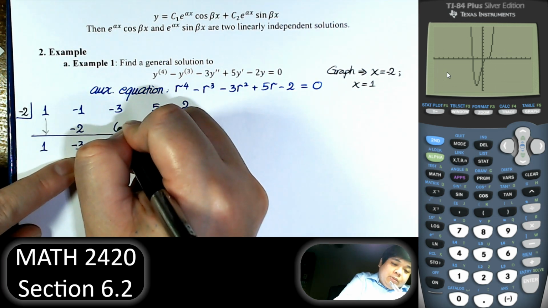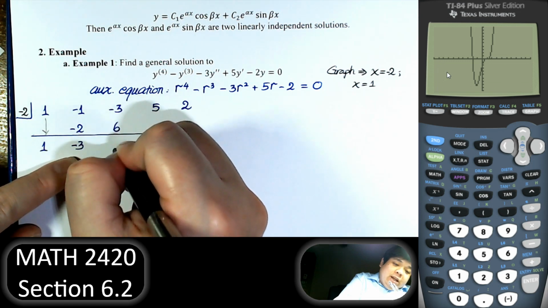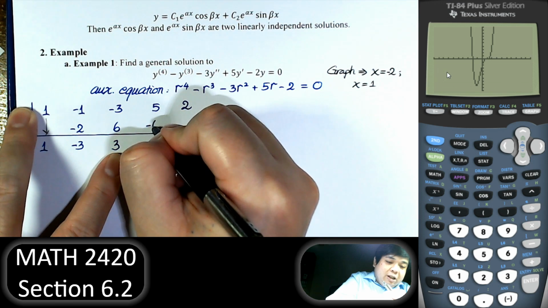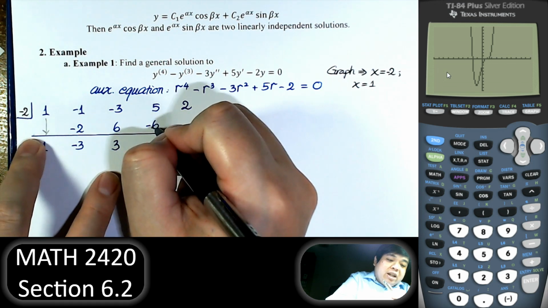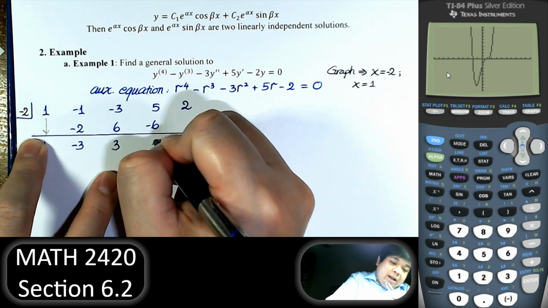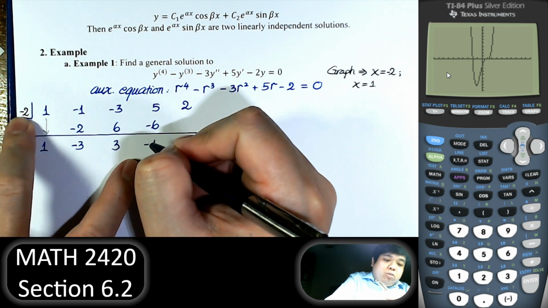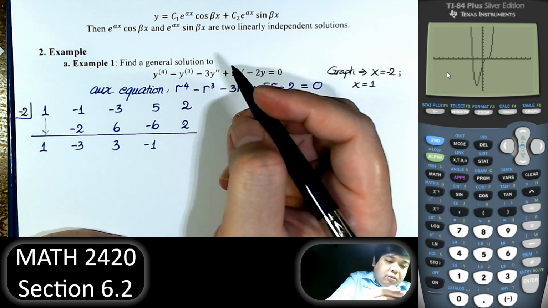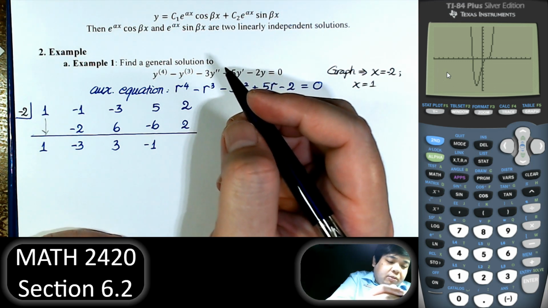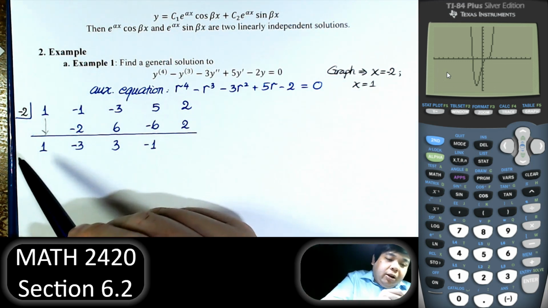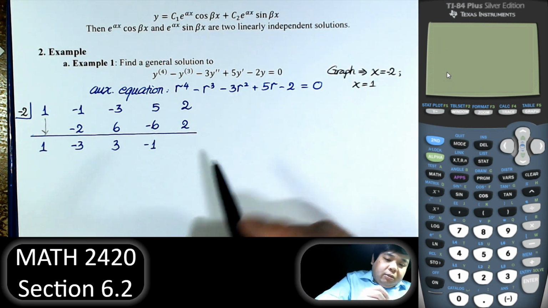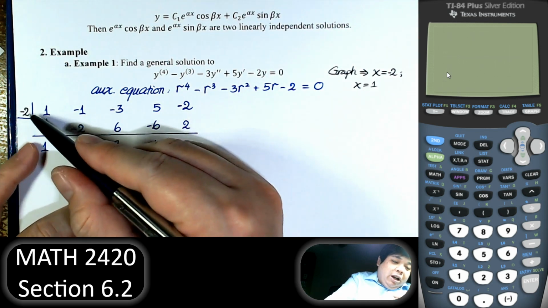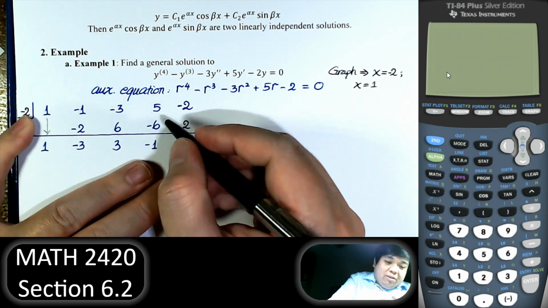Multiply, put in the next column, and then add. Multiply, put in the next column, and then add. Multiply, put in the next column. I copied that wrong, it should be -2. Multiply, add, put in the next column, and then add.